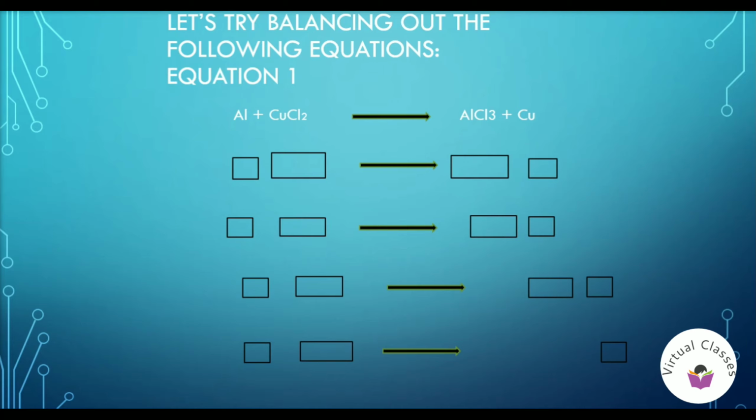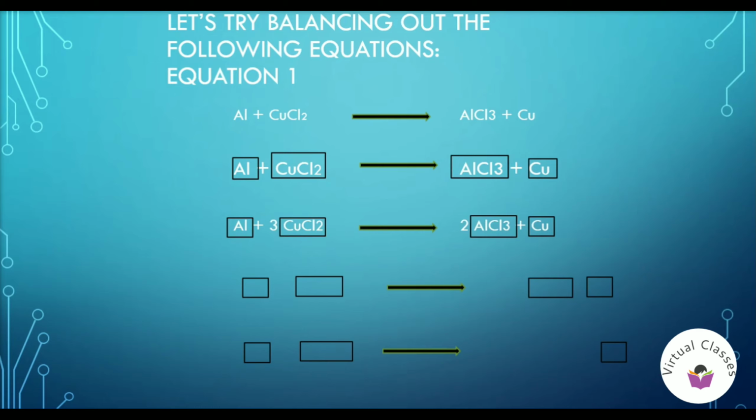In the first step, we have to draw boxes around each formula. Now, we can choose AlCl3 for balancing. Taking Cl for balancing, we will multiply 3 with CuCl2 and 2 with AlCl3 in order to equalize the number of chlorine atoms that now have become 6.